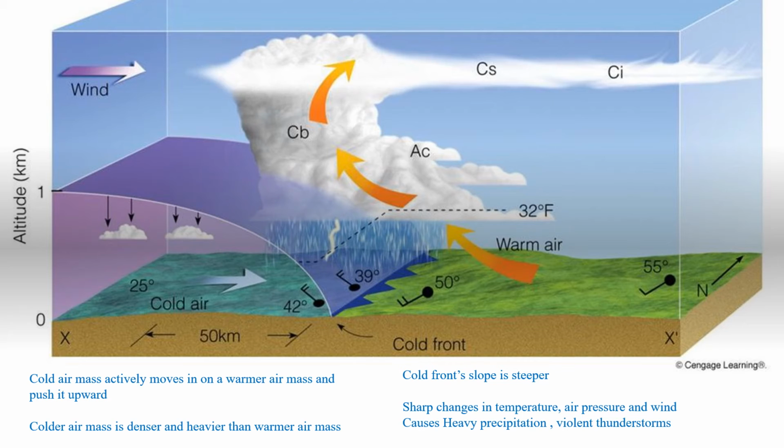Okay, now the cloud and precipitation pattern. If we look at this picture, at the front, the cold, denser air wedges under the warm air, forcing the warm air upward, much like a snow shovel forces snow upward as the shovel glides through the snow.